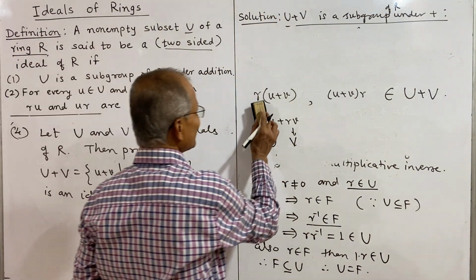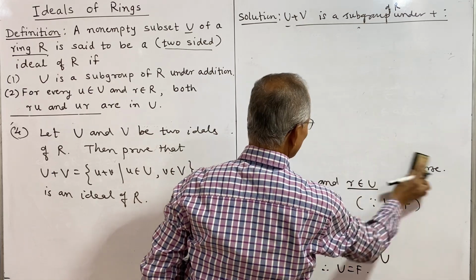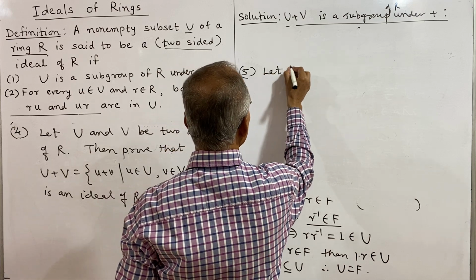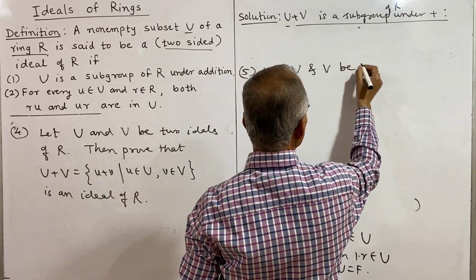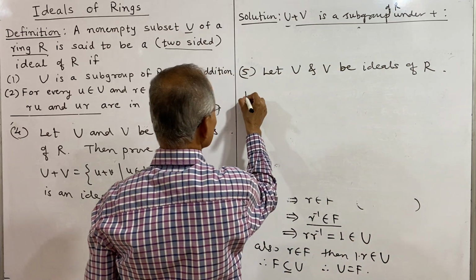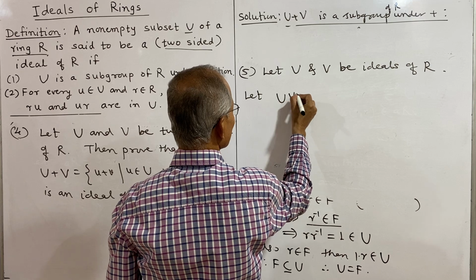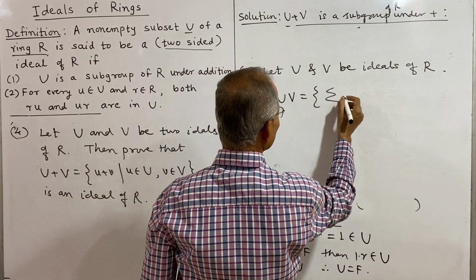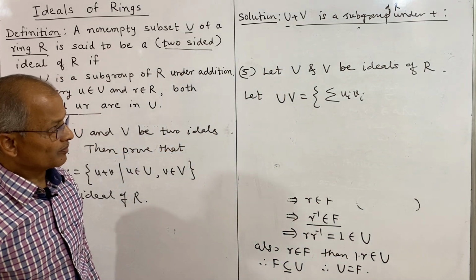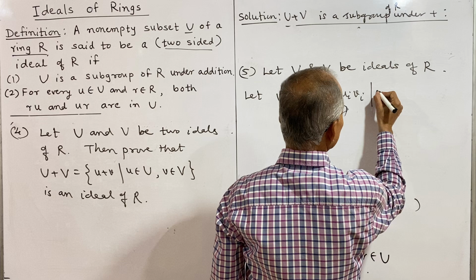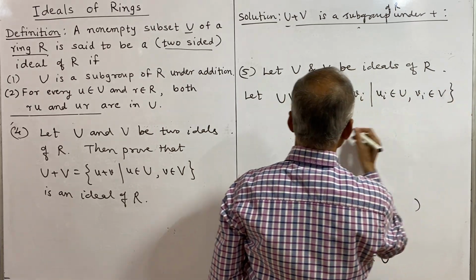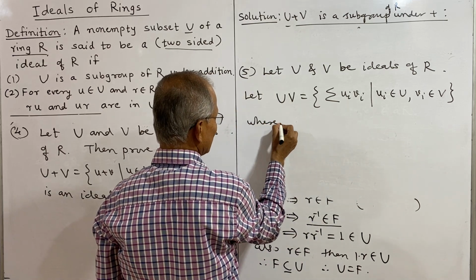One more example you may try, that is the fifth example. Let U and V be ideals of R, and further let UV be equal to the set of finite sums of the products ui vi, such that ui belongs to U and vi belongs to V, where the summation is finite.